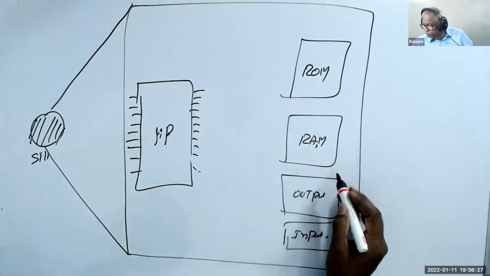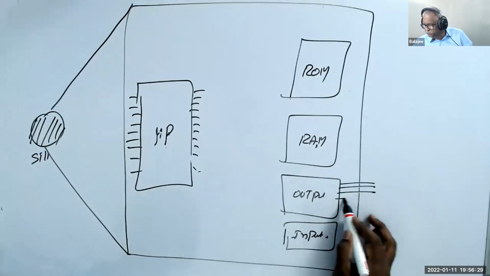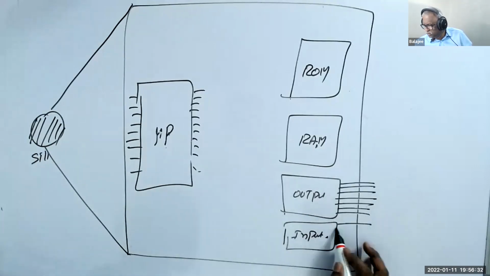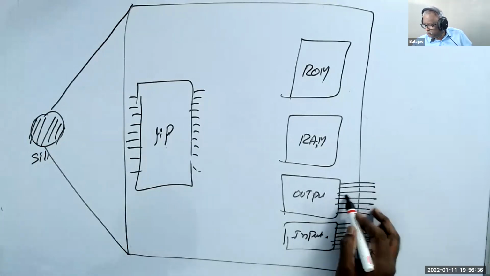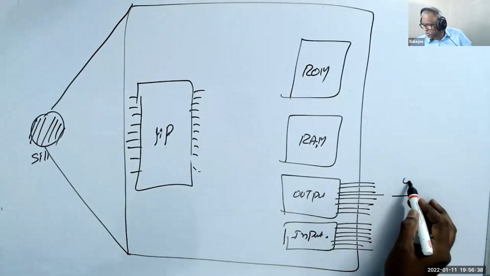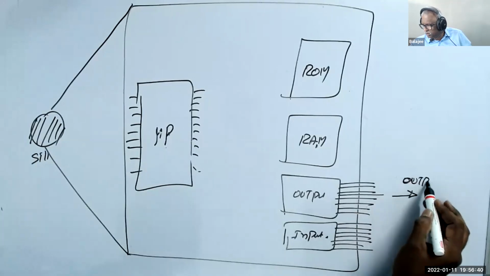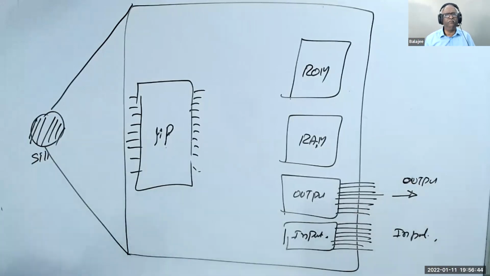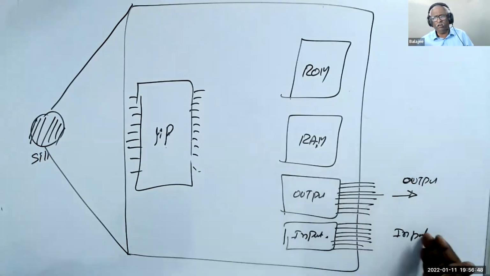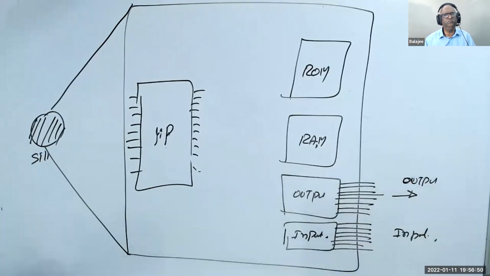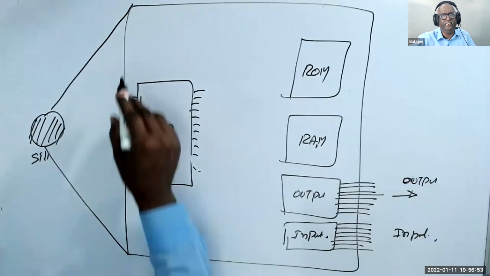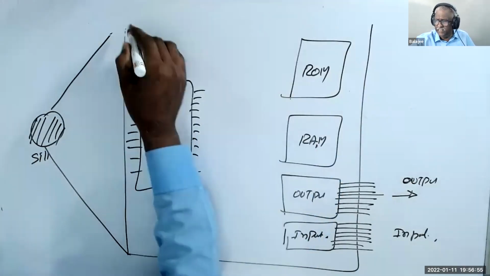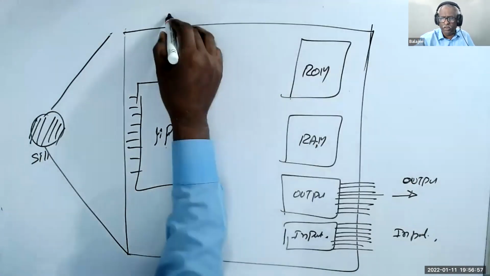And these pins only will come out. This is called output. This is called input. You understand? And this IC is called micro.